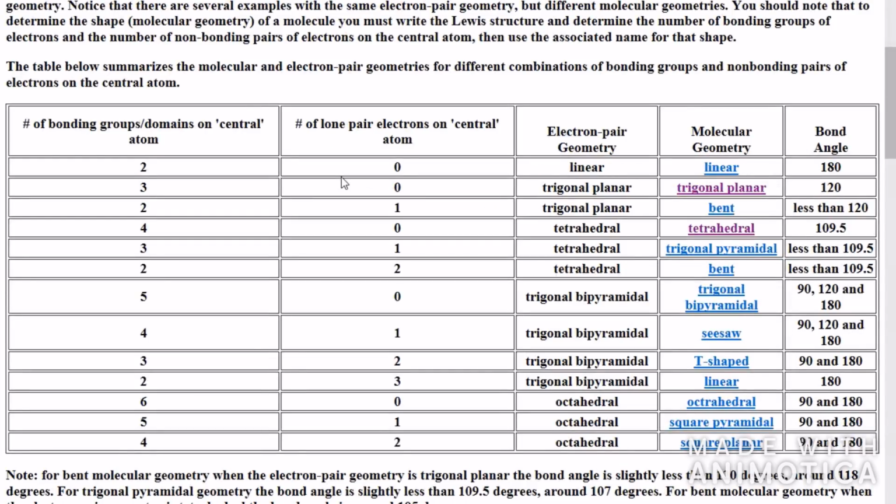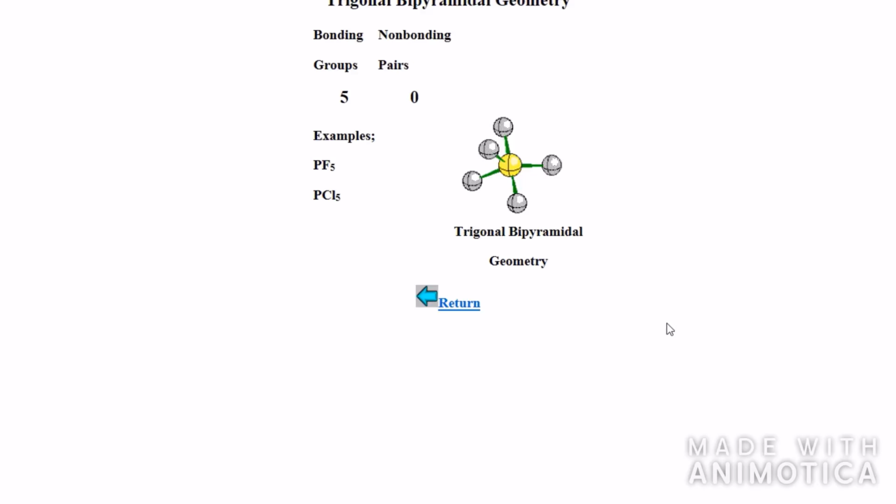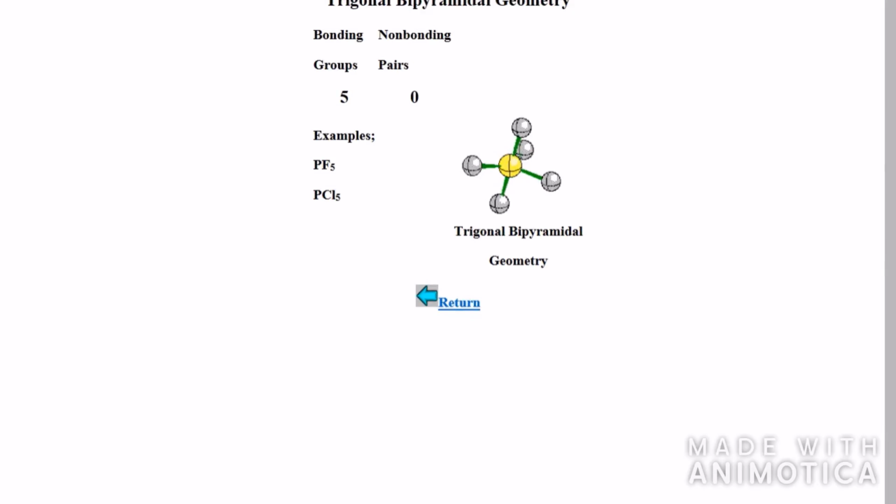So if we're going to look at the trigonal bipyramidal. So trigonal bipyramidal is named, I don't like this drawing, but I like to say, okay, here's my central atom. And then we have 2 components that are on the axis. And then we have 3 components around the equator.